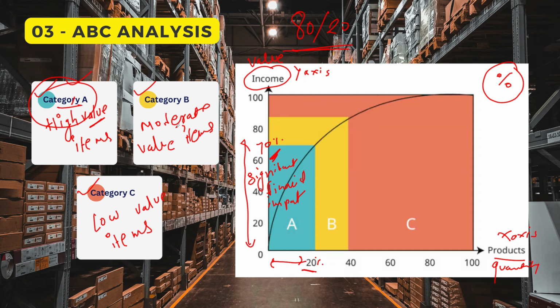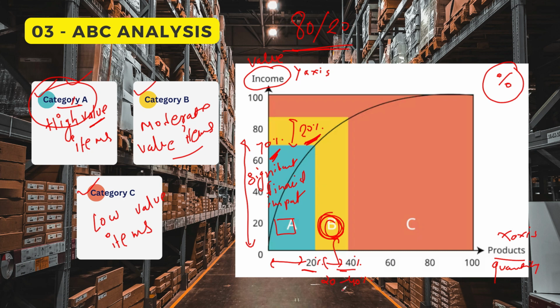Category B items are moderate value items. These items generally make up 20 to 40% of the inventory, and they contribute only up to 20% of the total income.